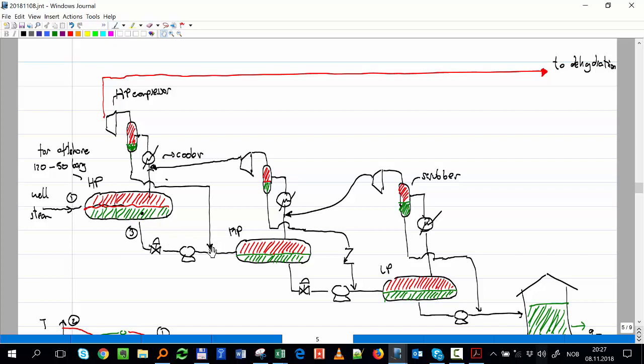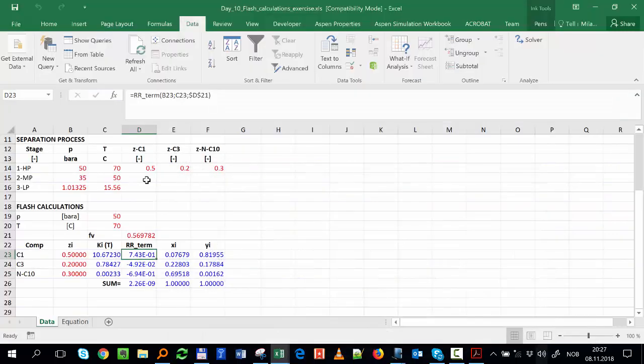This is Yi, this is Xi, and what is entering the medium pressure is just Xi, from the high pressure. So what I have to write on the table as set is these guys here.